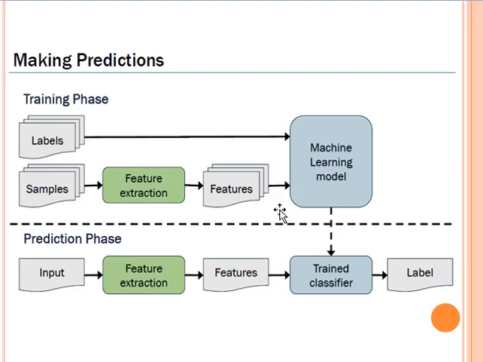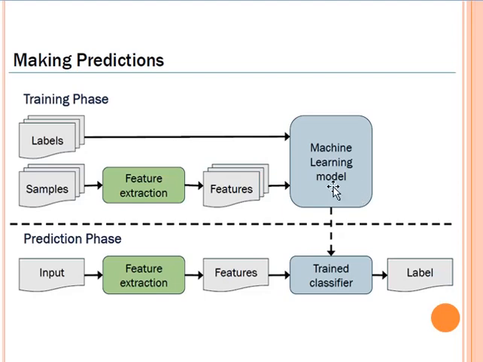So you can insert another block here, and that block will select only those features which have enough capabilities, right? So the feature extraction phase will end up with a number of features, and we can apply some feature selection strategy, and then those selected, important features we will feed to our machine learning model, right?